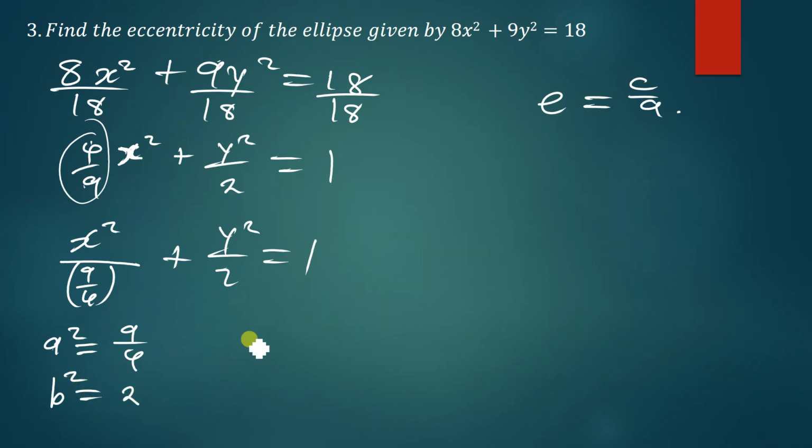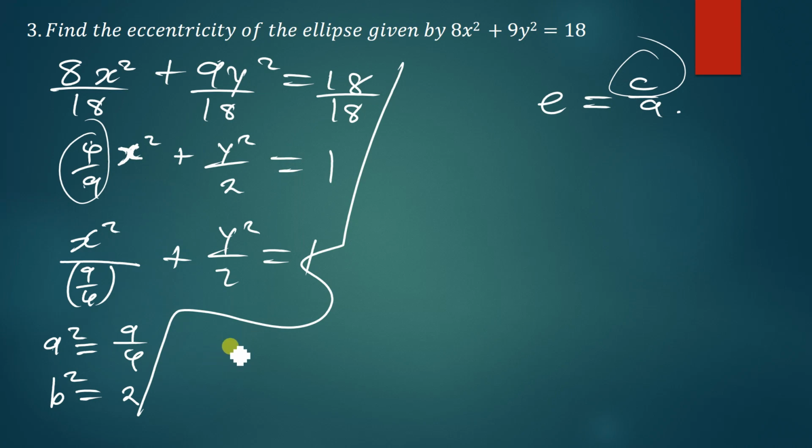All right. Since we have found a squared and b squared, we can now find what c is, because we need c to find the eccentricity. According to the ellipse, we know that c squared is given by a squared minus b squared.